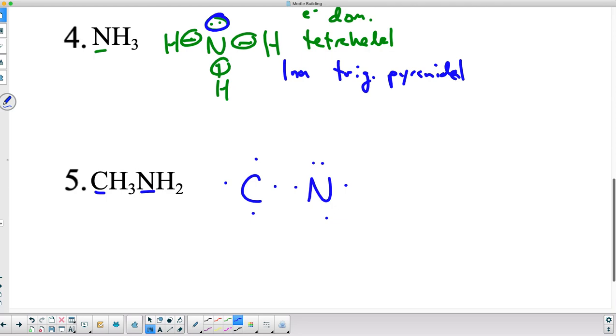That's how I typically do it. I'm already going to make a bond between the carbon and the nitrogen. The rest of these for carbon are going to be hydrogen bonds, like this. That's why it's written like this with CH3, meaning 3 H's are attached to the carbon. I have 2 more open spots for H's for nitrogen, and that's left altogether.